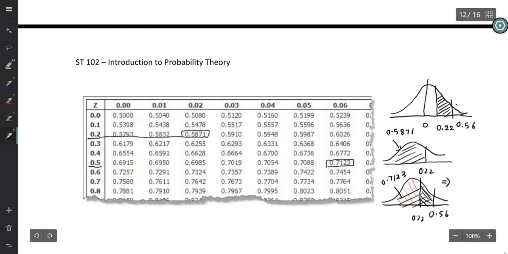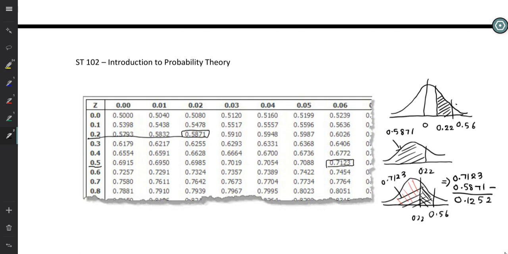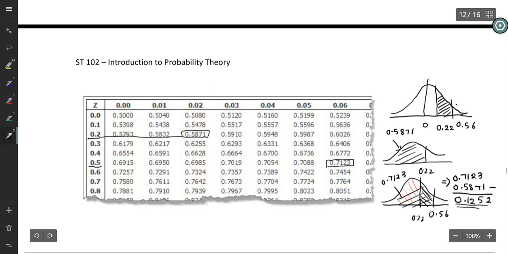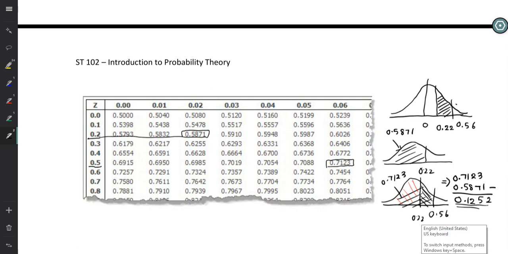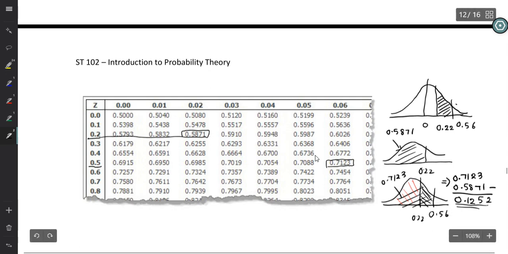So you get the probability all the way up to 0.56 and subtract the unnecessary area, which is 0.5871. When you subtract this, you get the area you want. Okay, so the probability in between is 0.1252. Right? So how do you do that? You read the area up to the bigger value and subtract the area from the smaller value. You get the in between. Okay, right.